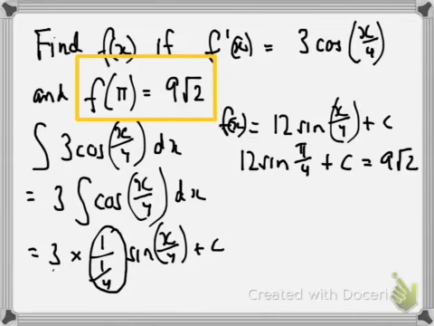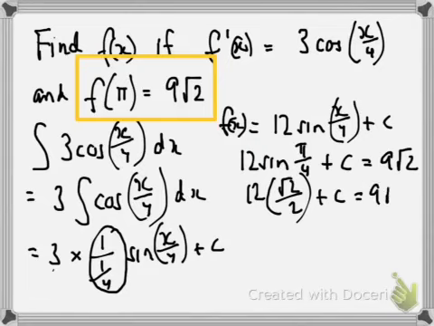Now what's sine pi on 4? We can look at that up in our information sheet, or we may remember that it's root 2 on 2. So 12 times root 2 on 2, which is sine pi on 4, plus c equals 9 root 2. 2 and 12 will cancel, so 6 root 2 plus c equals 9 root 2.